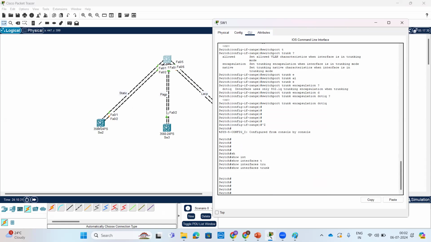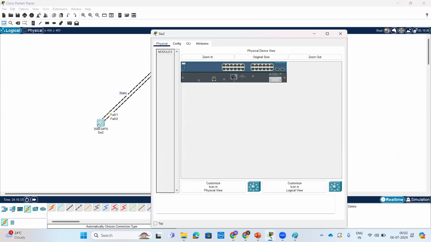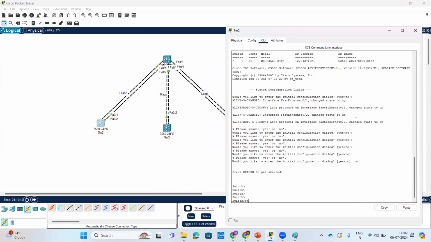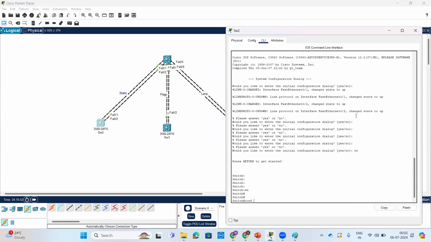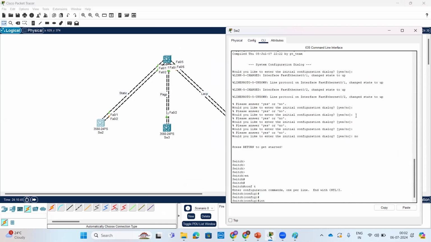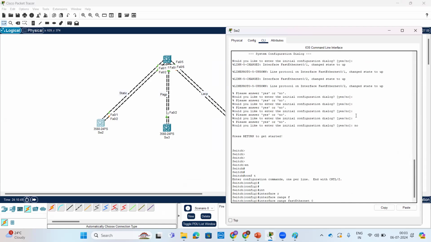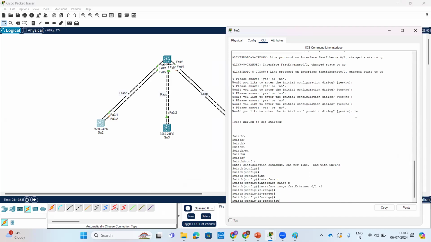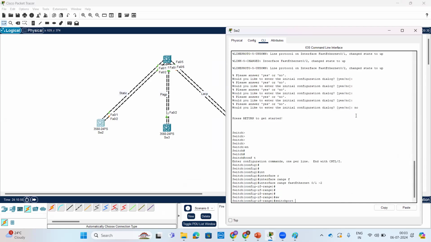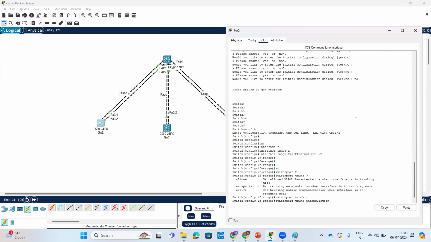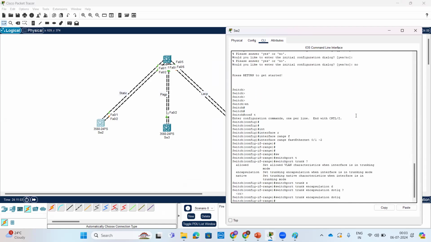Now the remote side also should form. Config terminal, interface range, fast Ethernet 0/1 to 2. Switch port trunk encapsulation .1Q.